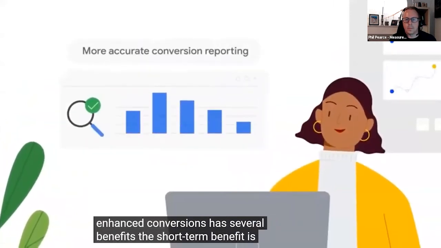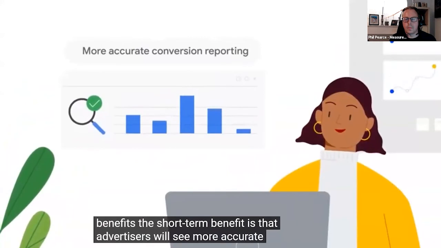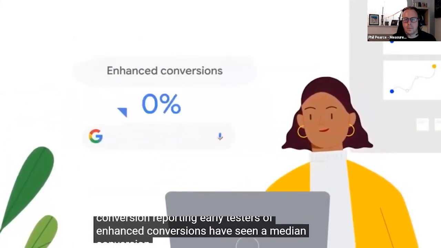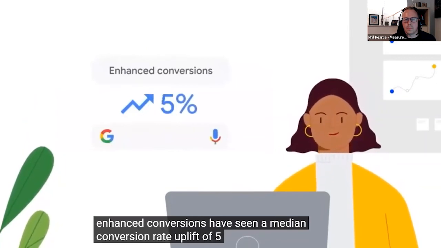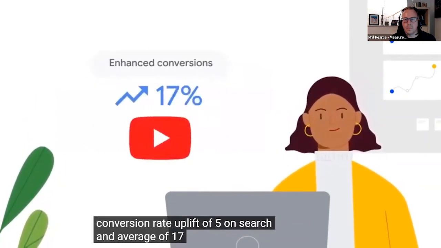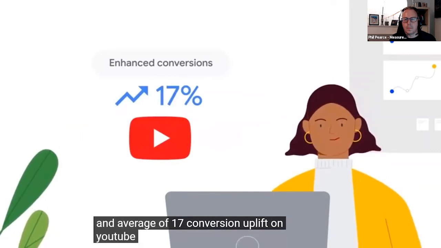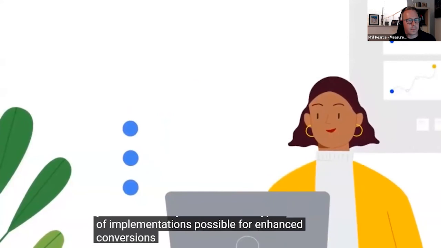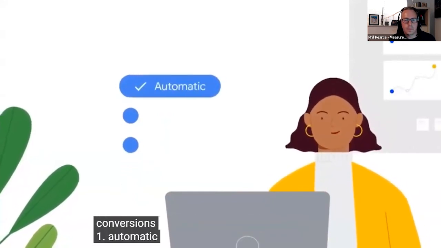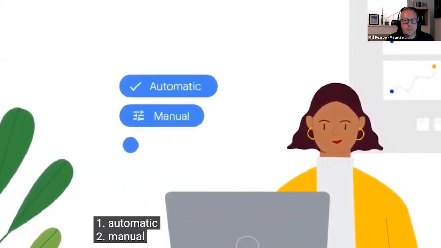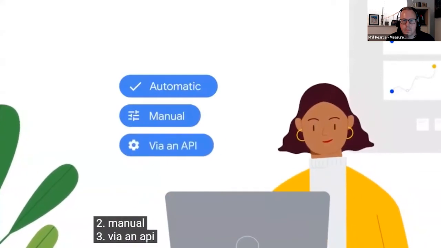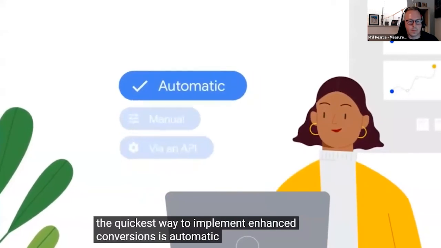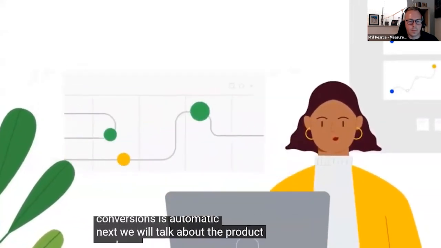The short-term benefit is that advertisers will see more accurate conversion reporting. Early testers of Enhanced Conversions have seen a median conversion rate uplift of 5% on search and an average of 17% conversion uplift on YouTube. Currently, there are 3 types of implementations possible for Enhanced Conversions: 1. Automatic. 2. Manual. 3. Via an API. The quickest way to implement Enhanced Conversions is automatic. Next, we will talk about the product roadmap.